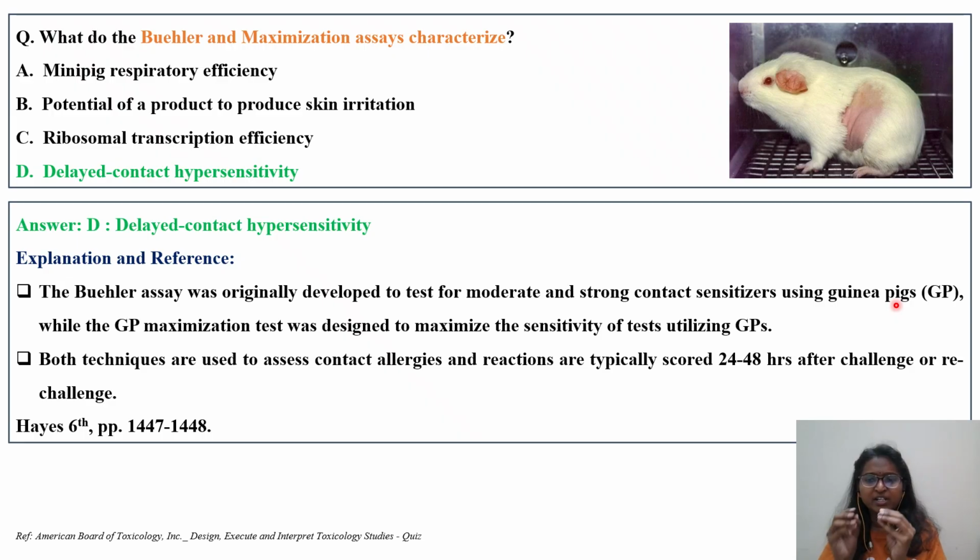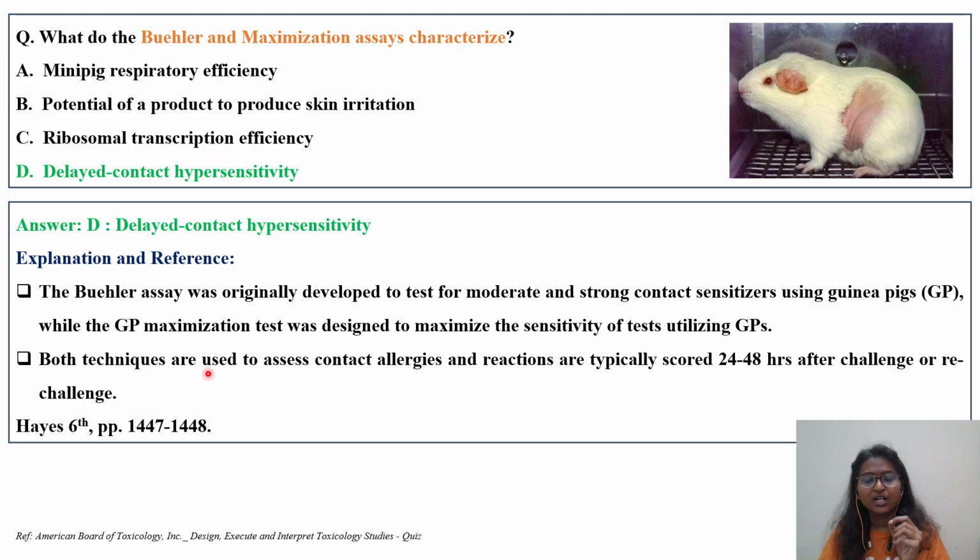The idea behind this assay was to identify mild, moderate as well as strong contact sensitizers, while the guinea pig maximization assay was designed to maximize the sensitivity of the test, utilizing the same test species, guinea pigs.